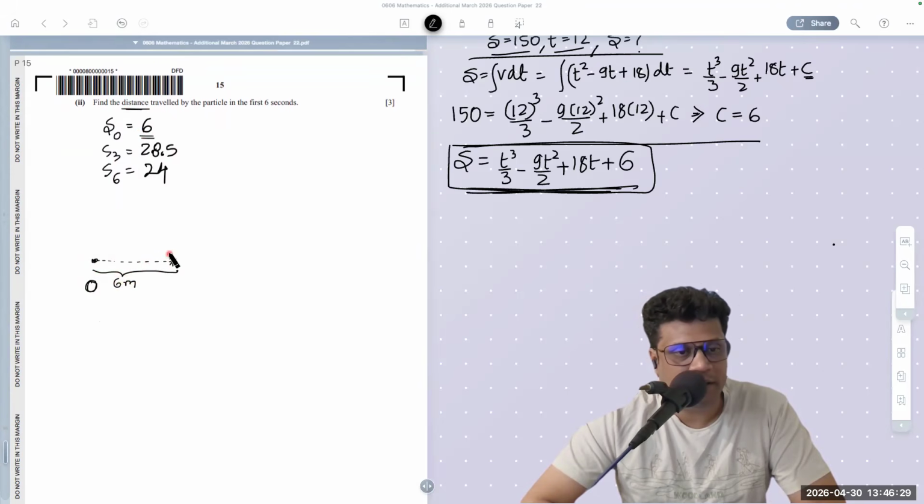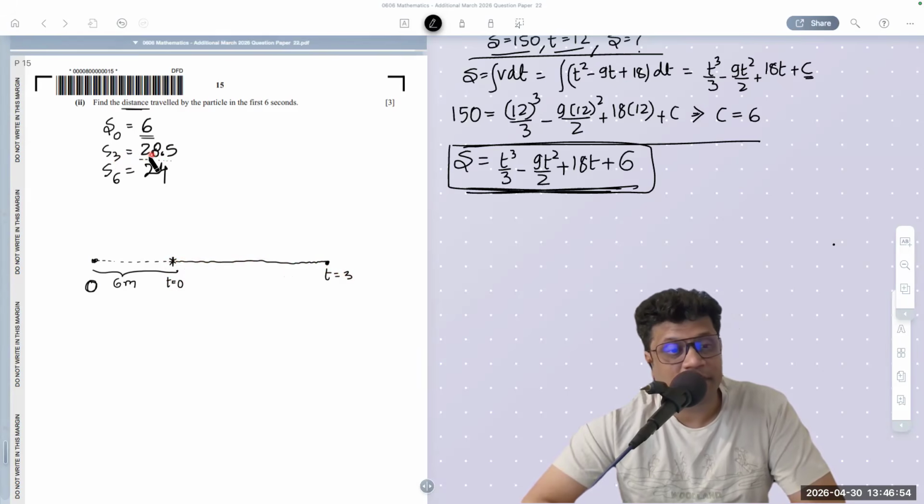This is where you were when time was 0. Then, when time is 3, this is the displacement. So you went a little further away from that place, and this is where you are when time is 3 seconds, and the displacement now is 28.5.